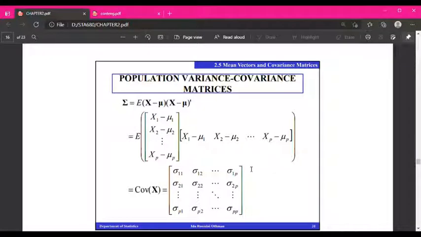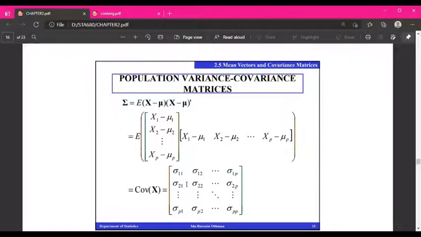Ini yang saya cakap tadi, kan, covariance of x random variables. Kalau macam ni contohnya, sigma 11 ni adalah macam yang kita buat sebelum ni, variance covariance matrix. Dia punya diagonal adalah variance, dan entry yang lain-lain ni adalah covariance.